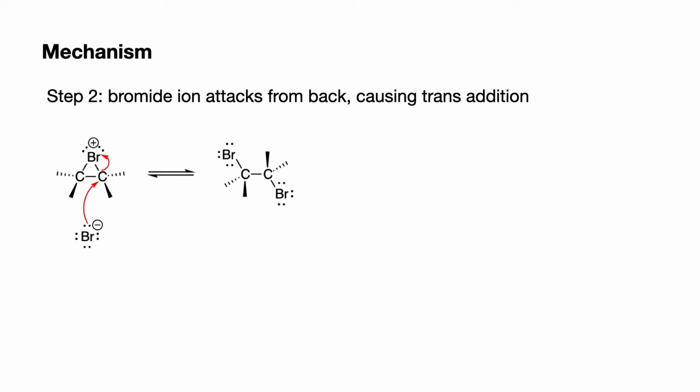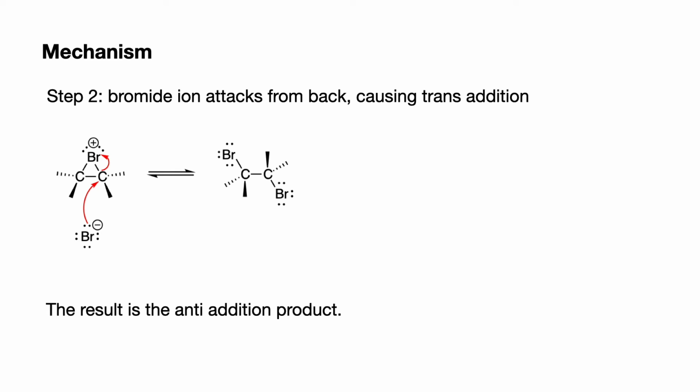If the carbon is partially positive and we have a bromide anion, then those negatively charged electrons are going to attack that partially positive carbon, which is going to push the bond between the carbon and the bromine up, and it's going to make this product, which is our anti-addition product.